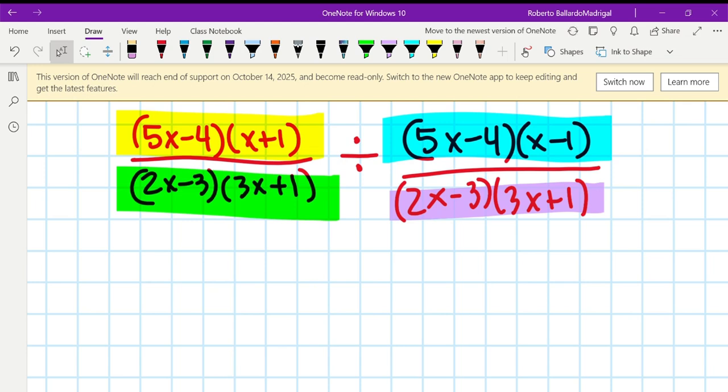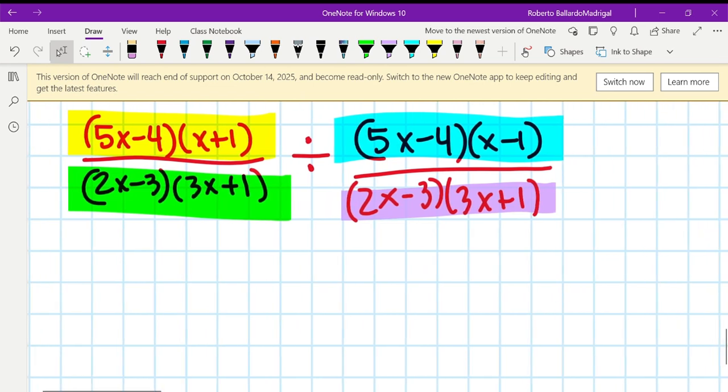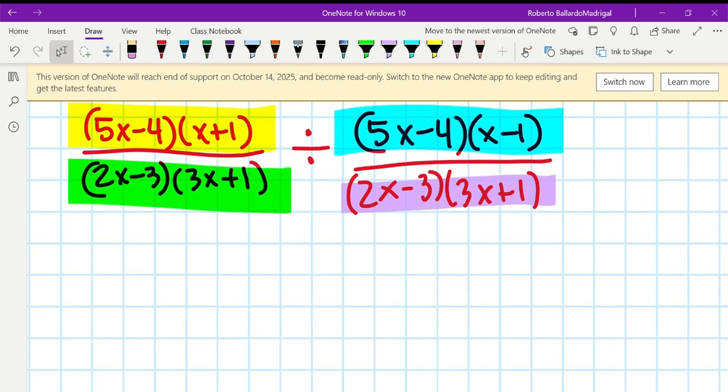Okay, everybody look up here, please. So, once again, this is what we should have gotten from the Xbox method factoring. You cannot cancel stuff out yet. This is still a division problem, and we have to do what? Keep, change, flip. So we are going to keep the first fraction how it is. We're going to flip the second one.